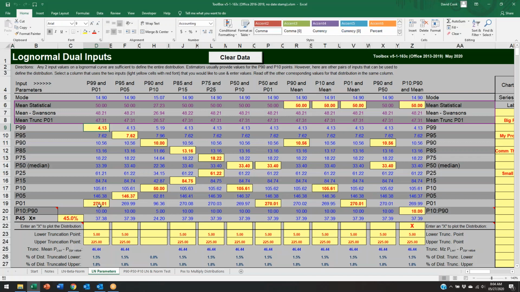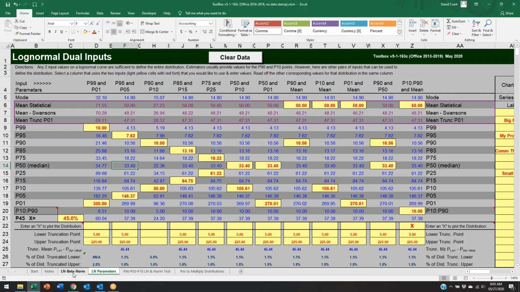The way that you modify this, for instance, is to put in a value for a P99 in the light yellow cell and another value in the P1, and it calculates the full percentiles associated with that. So there's a variety of different 2-cell inputs that can be used to build this log normal distribution, potentially for you to take those P90 and P10 values and use them to build a distribution over an MMRA or ROSE-RA.